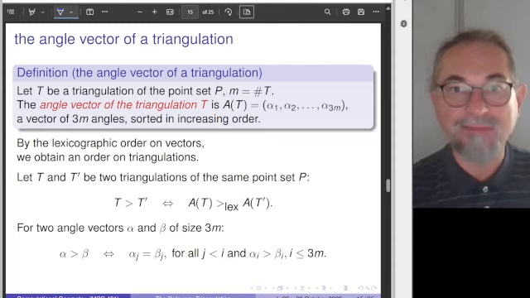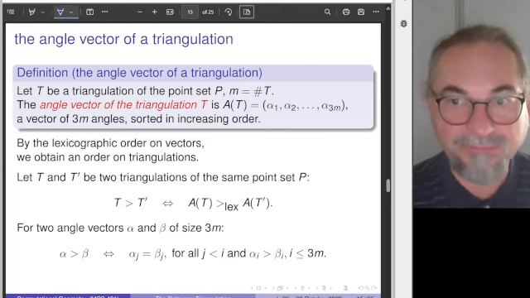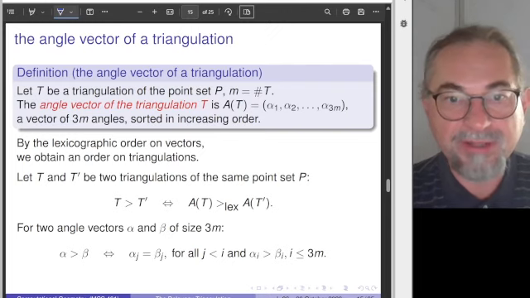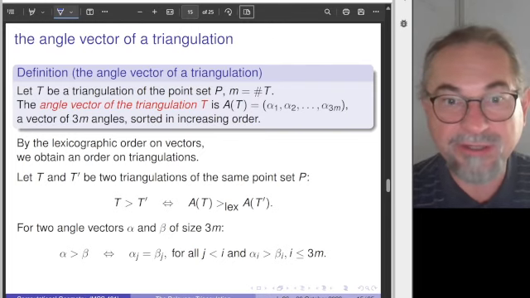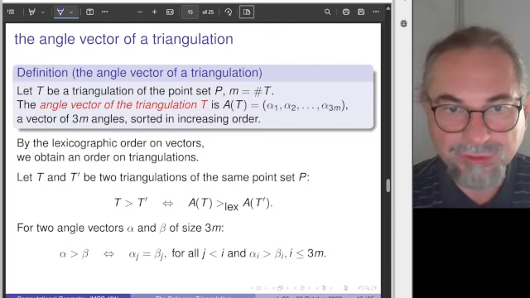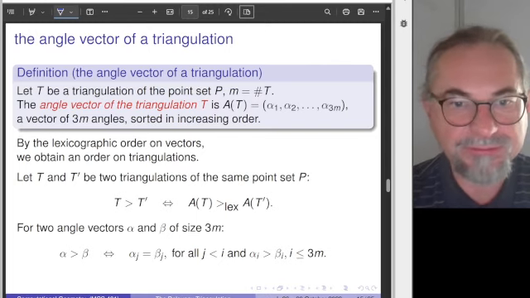We just label all the triangles in order, and we have a big vector that we order lexicographically, just like in a dictionary. So we order angles from large to small, or we can order them from small to large.